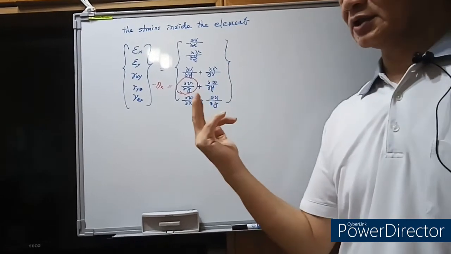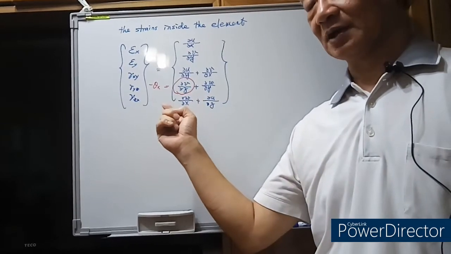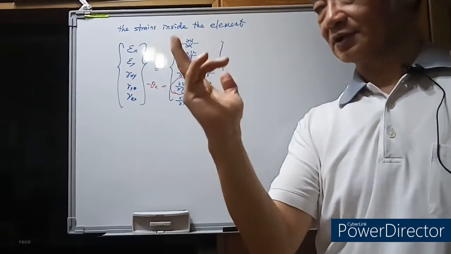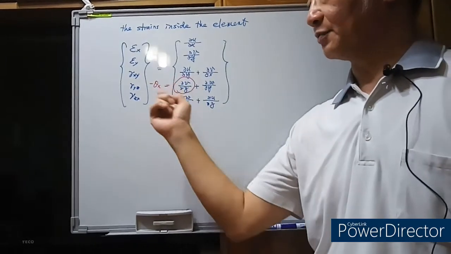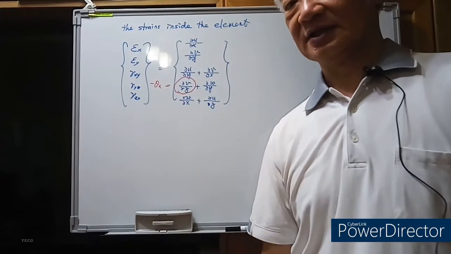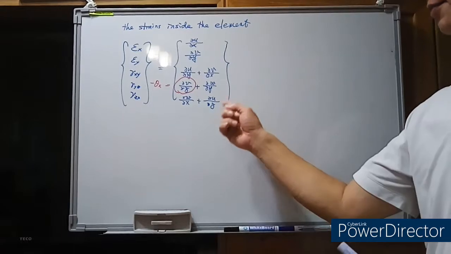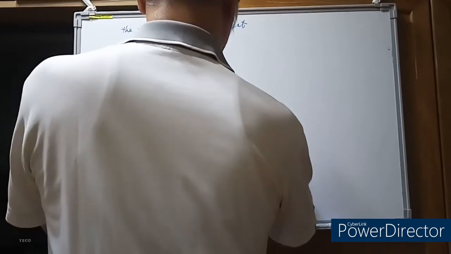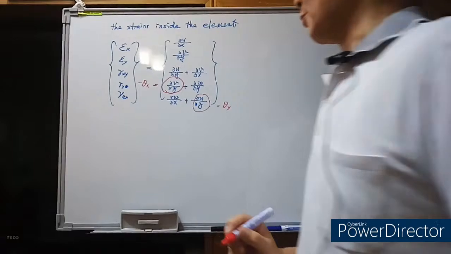For any point, the partial v divided by partial z, which is the rotation about this axis, can be replaced by the negative theta x. And also for this one, partial u to partial z, which is the theta y.